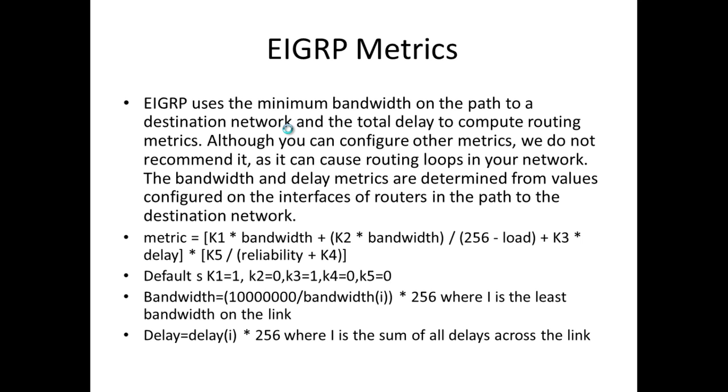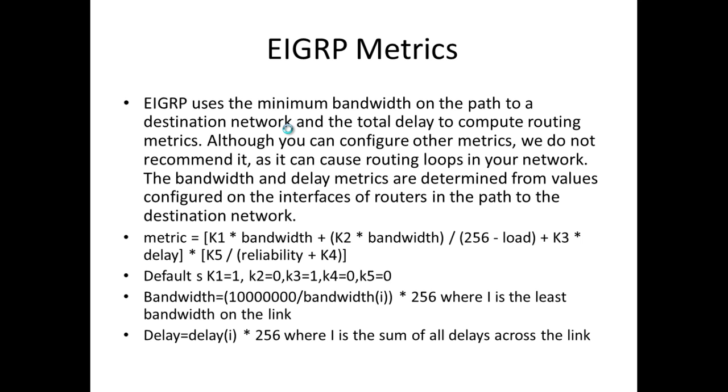The metric, as you see, the formula is K1 multiplied by the bandwidth plus K2 multiplied by the bandwidth divided by 256 minus the load on the link plus K3 multiplied by delay.